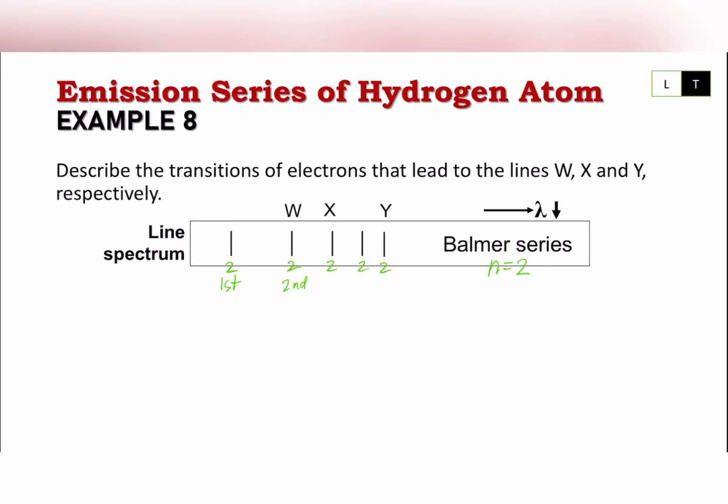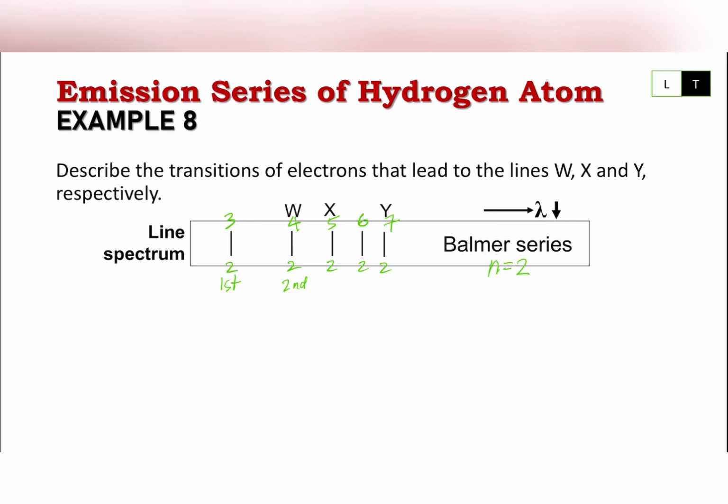The number next to 2 is 3, so the first line is from n equals 3 to n equals 2. W is 4 to 2. X is 5 to 2, this one 6, this one 7.